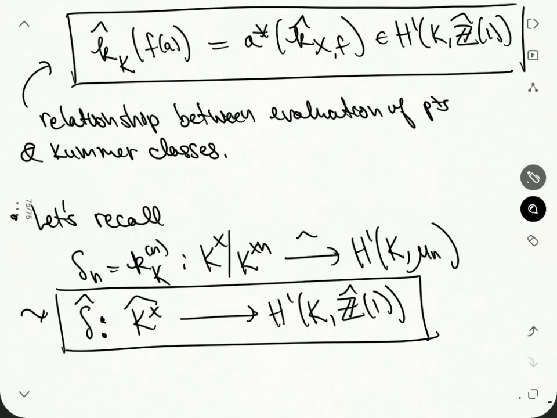Okay, so putting these together gives the Kummer theoretic evaluation.